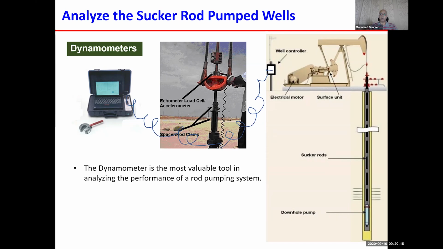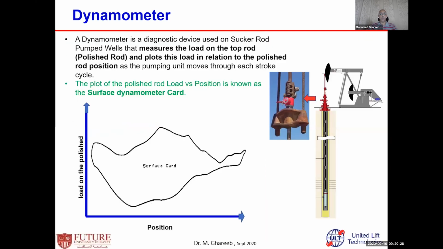So let me just talk to you, very briefly, remember this is a course just to put all the basics in place for you, and then you can go for any advanced course. What is a dynamometer and what does it look like? Where do I measure the dynamometer, and how can I measure it? A dynamometer, as I mentioned, is a diagnostic device used in reciprocating sucker rod pumping units to measure the load at the top of the polished rod.